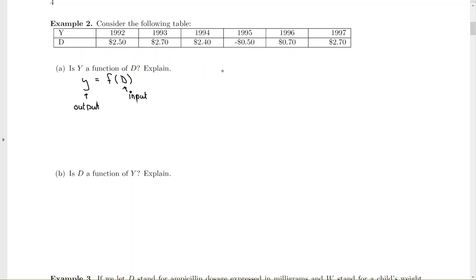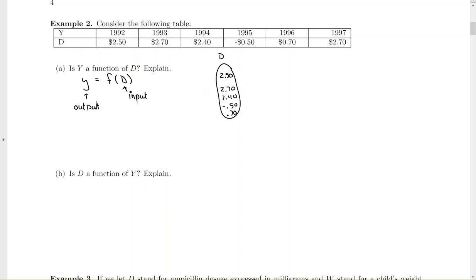So let's think about this in terms of using some diagrams here. My input is the d, so for example, $2.50, $2.70. So I've got that one taken care of, that one taken care of, 240, -50, and 70.